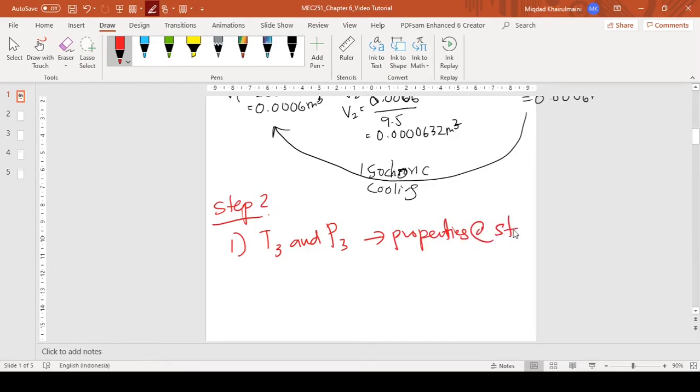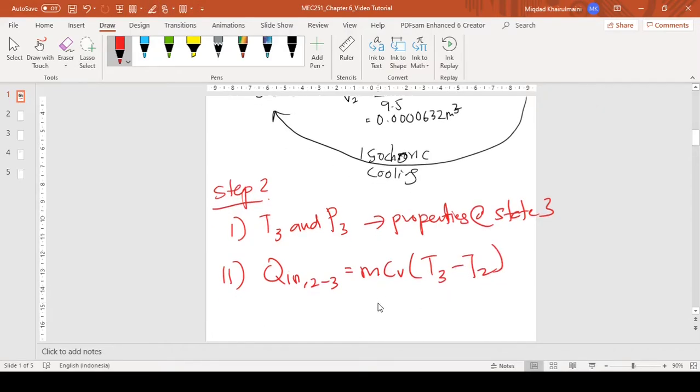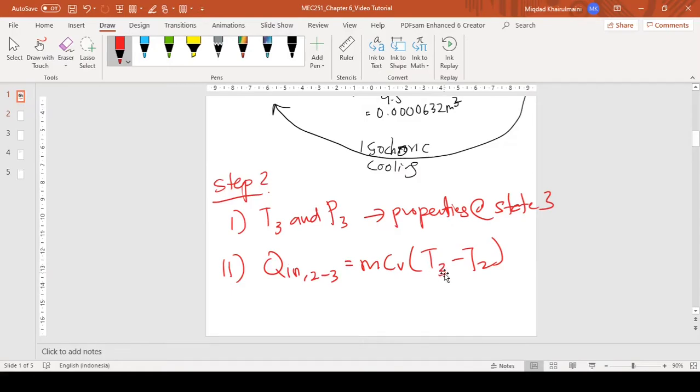Number 2, we have to find the amount of heat added. So this is Q in, process state 2 to 3, equals mCv, constant volume process, T3 minus T2. So we have to find the value for m, the temperature at state 2, and also the temperature at state 3.